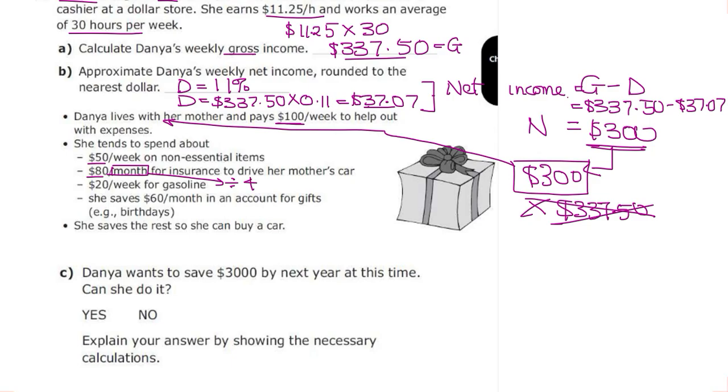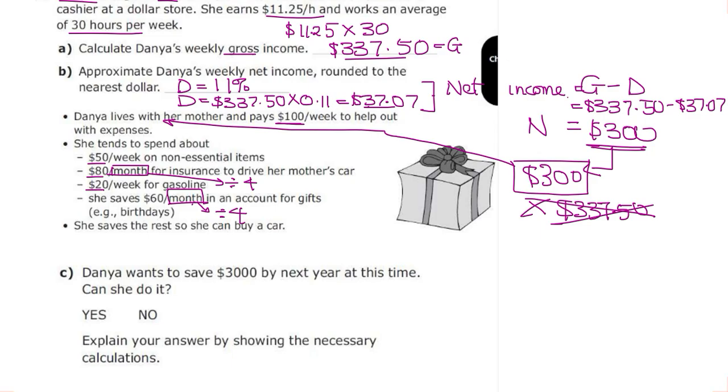And then the next one is $20 per week for gasoline, and the next here is saving $60 per month. This is monthly, so we'll have to change this to per week, which means we're going to divide the amount of money by 4 to get the weekly amount.